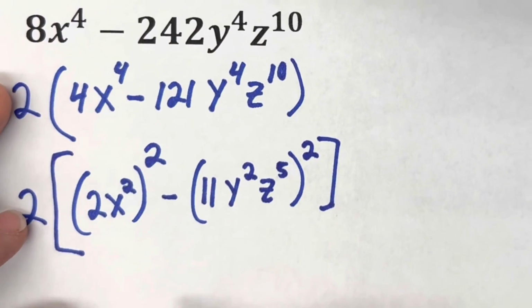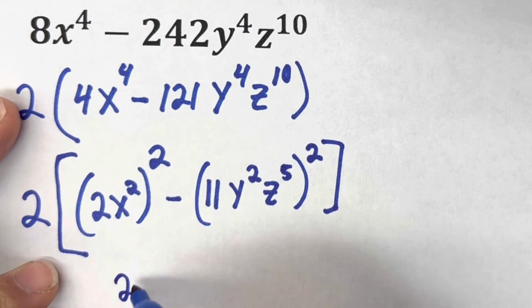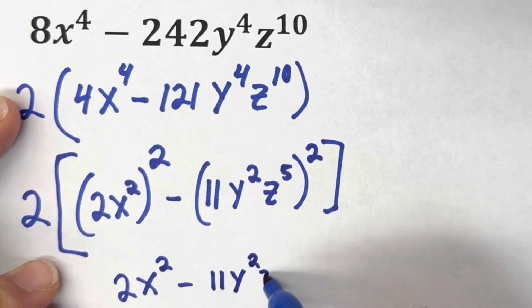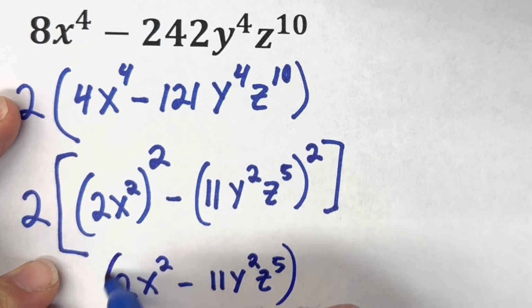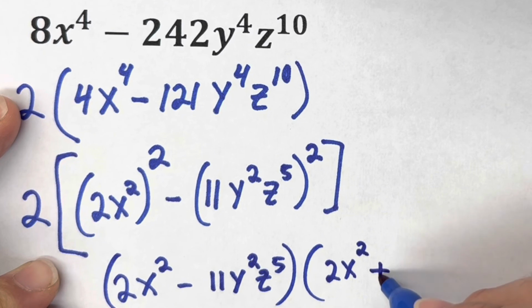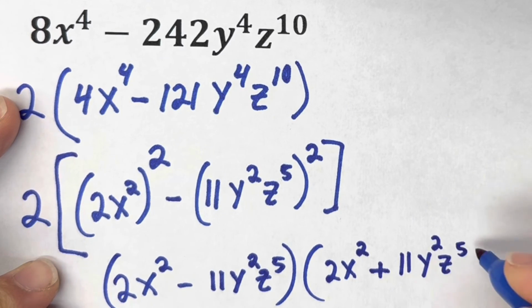So now I'm ready to write the answer. The answer will be 2 times, 2x squared minus 11y squared z to the 5, times 2x squared plus 11y squared z to the 5.